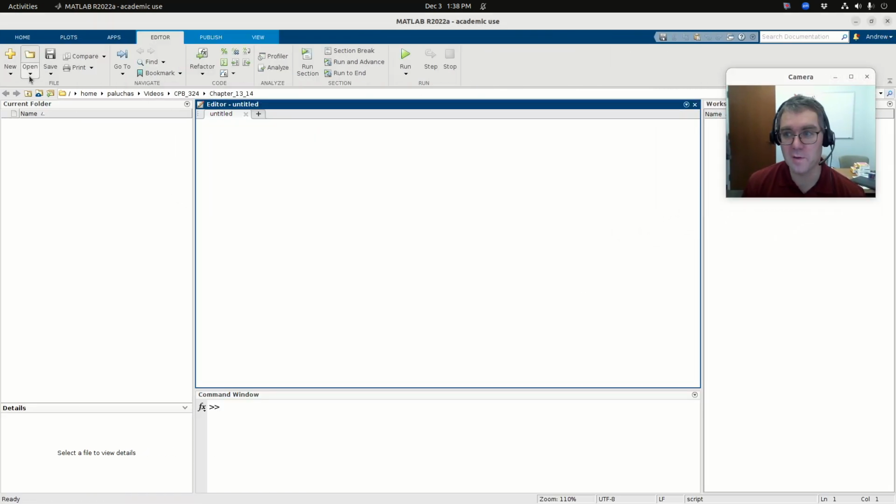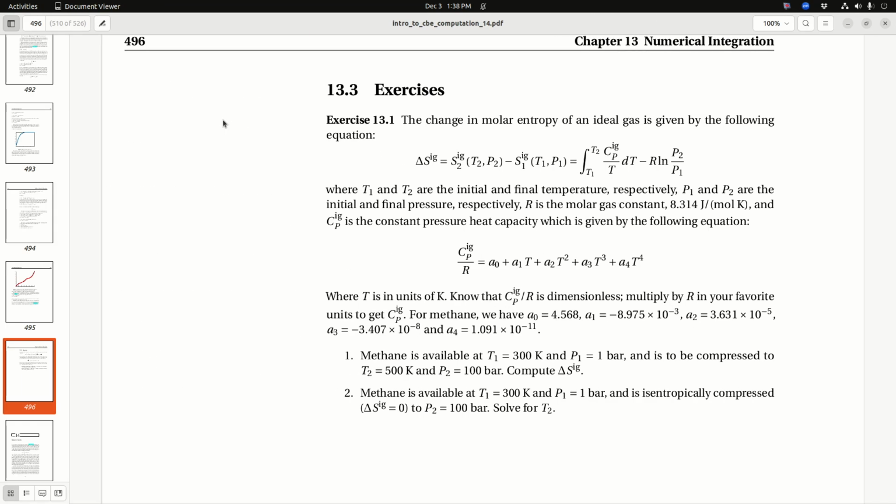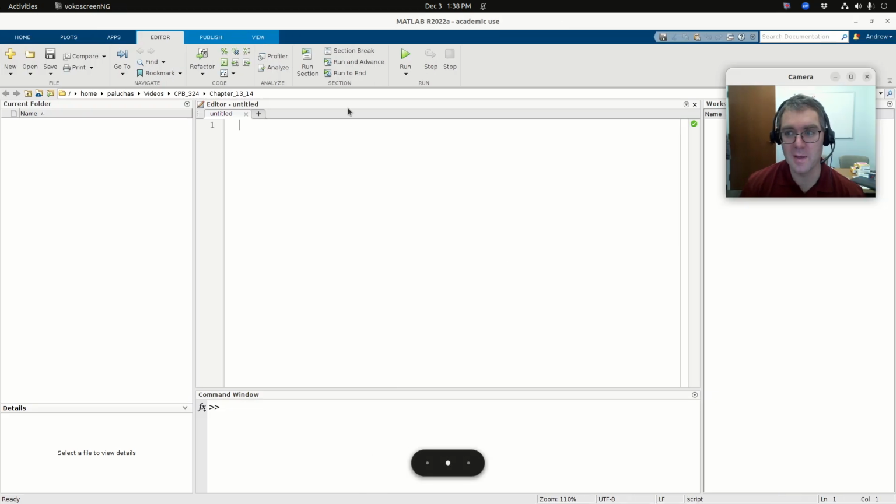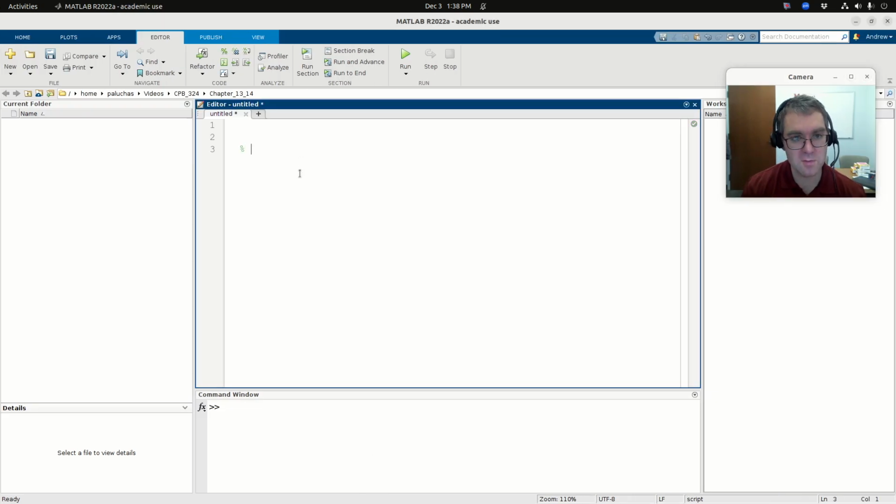Okay, so I'm going to start by creating a new script. I'll just leave it as a script for now, but let me start by collecting parameters from the problem.